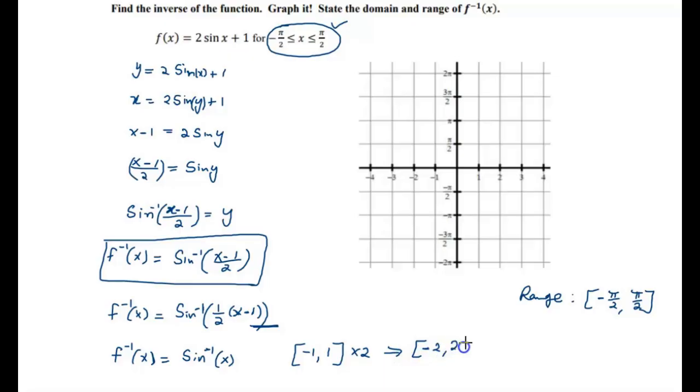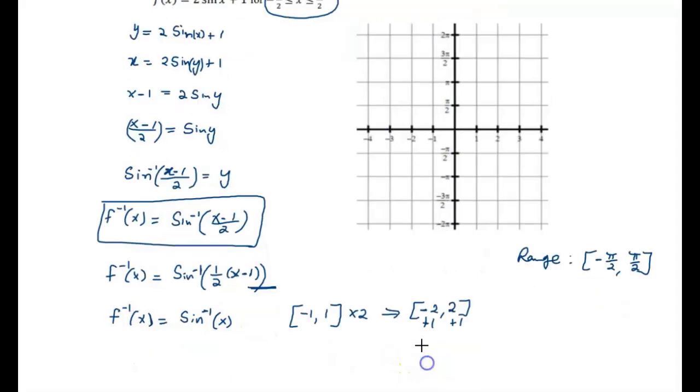And we get -2 to 2. But then there is a horizontal right shift by 1. So we add 1 to both endpoints to get the new domain as -1 to 3. So the domain of the inverse function would be -1 to 3, and the range would be -π/2 to π/2.